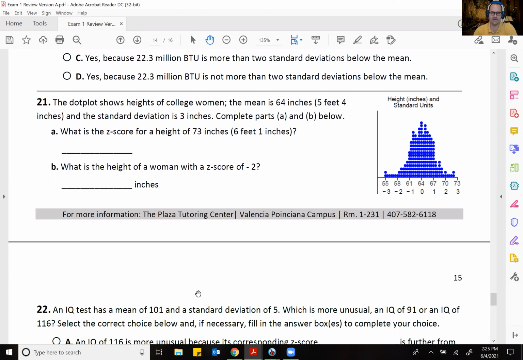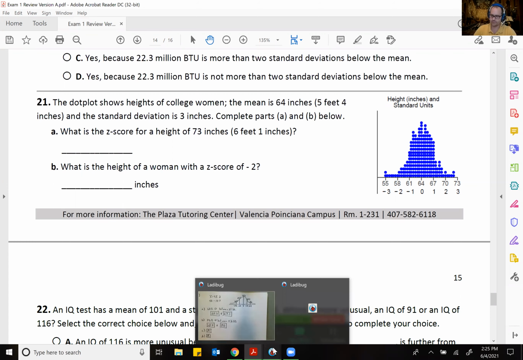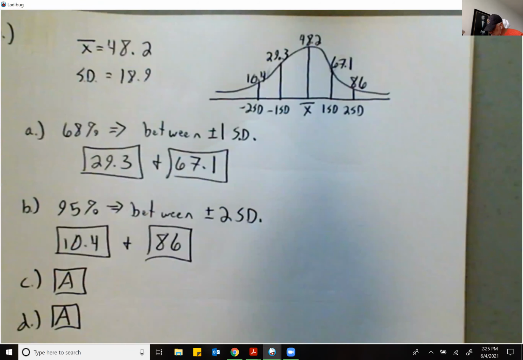So a little bit of math here. Do we really need the dot plot when talking about z-scores? No. That's just extra fluff. Okay, so let's talk about a z-score real quick, and then we'll get to this A and B part. So, a z-score. How do we figure out a z-score?